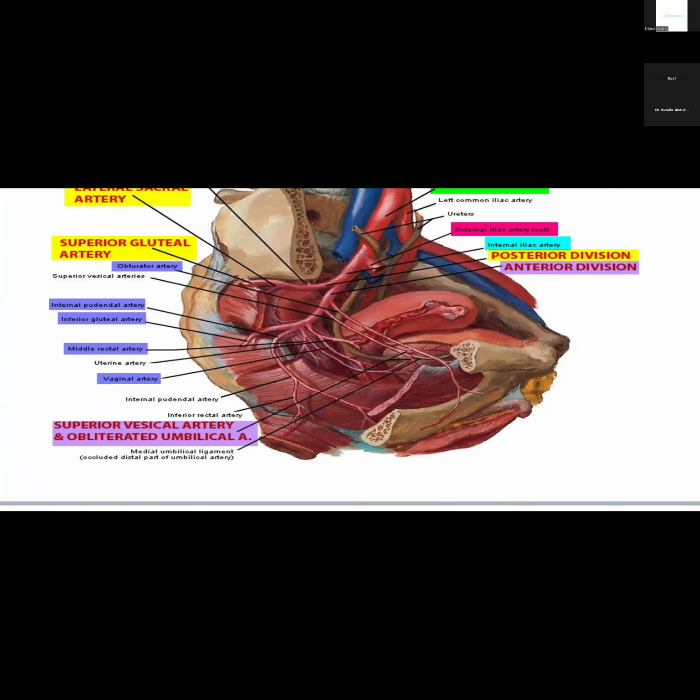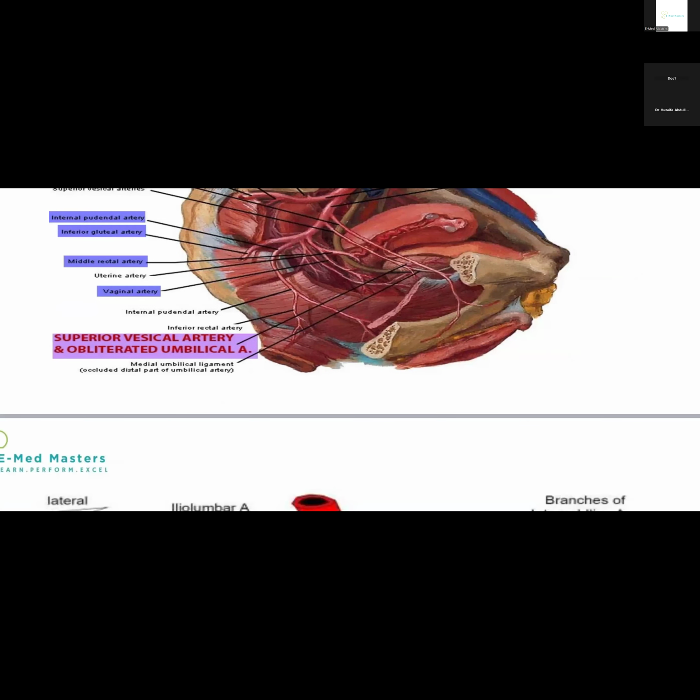This is the superior vesical artery, below which are the obturator artery, internal pudendal artery, inferior gluteal artery, vaginal artery, uterine artery, and inferior rectal artery. You can see below the medial umbilical ligament. That is the occluded distal part of the umbilical artery.